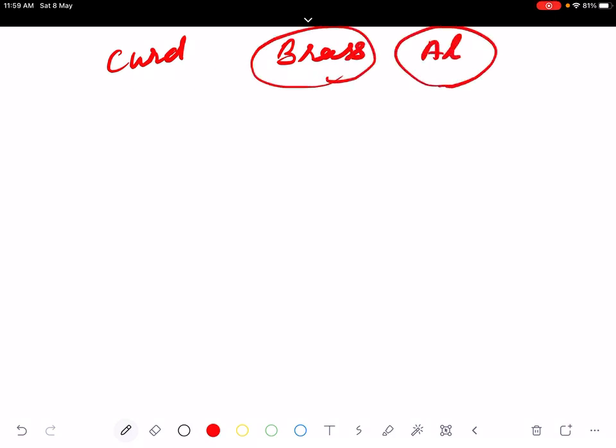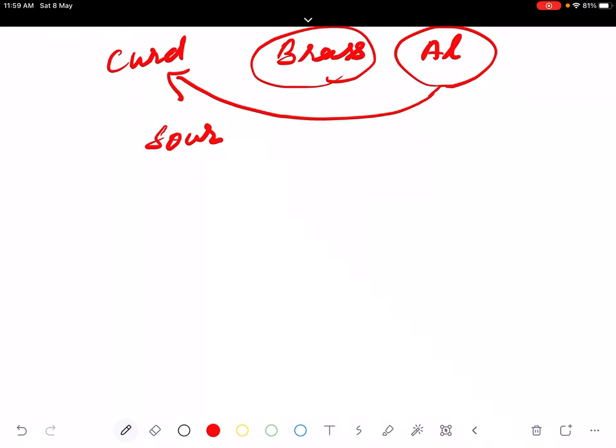Why? Because this metal will be reacting with acid. The vessel will get spoiled. At the same time, this curd becomes toxic. So we should not keep sour substances in metals.